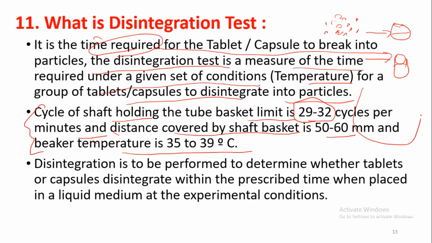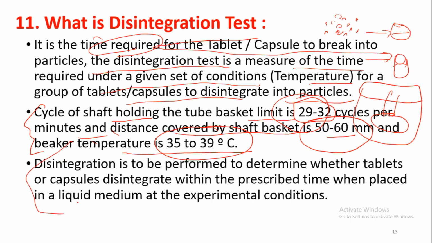We may have a basket type apparatus or a paddle shaft type apparatus, so there are different types of apparatus used for disintegration test. Some interviewers may also ask what the conditions are, so you need to tell these general conditions. Your interviewer will be very happy that you have the basic knowledge of the disintegration test. So next is why disintegration test is performed.